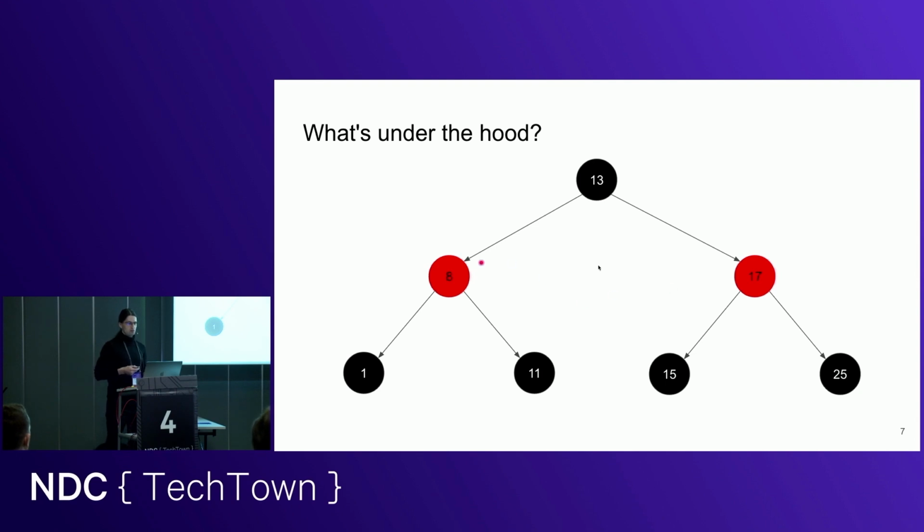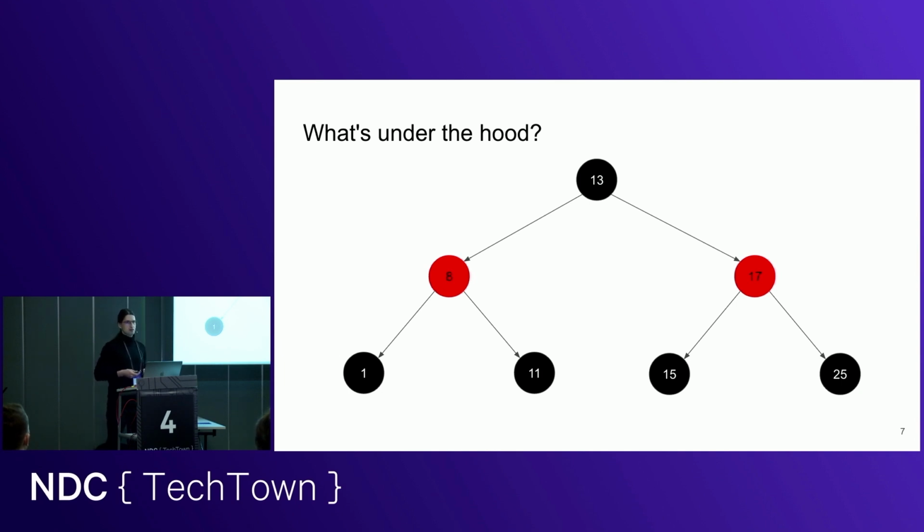And that repeats for all subtrees. There are other fundamental properties, and I'm not going to talk about them, but basically, to keep it balanced, there should be the same count of black nodes on every path, and each child of a red node should be black, and so on. But yeah, it's not important for now.